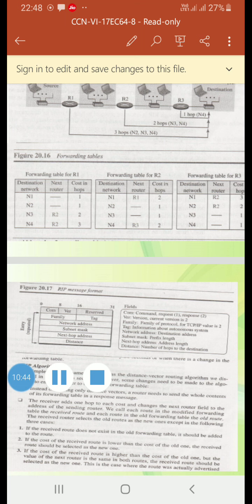It contains information about the destination specified in the corresponding request message. An unsolicited response message, on the other hand, is sent periodically every 30 seconds or when there is a change in the forwarding table. So is it clear? Next we'll see about the RIP algorithm.